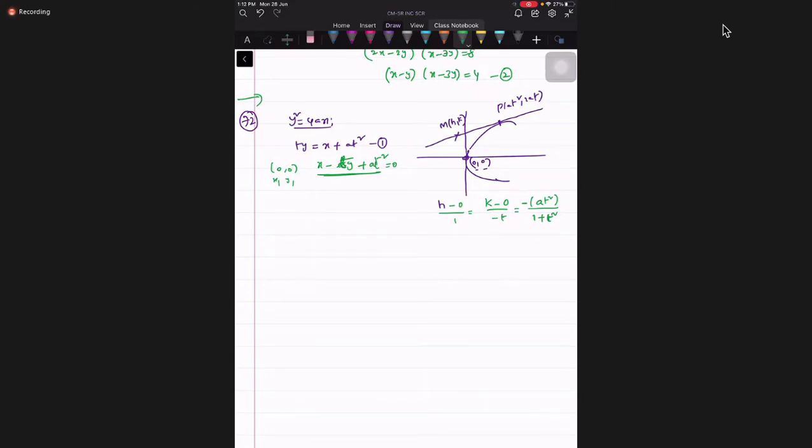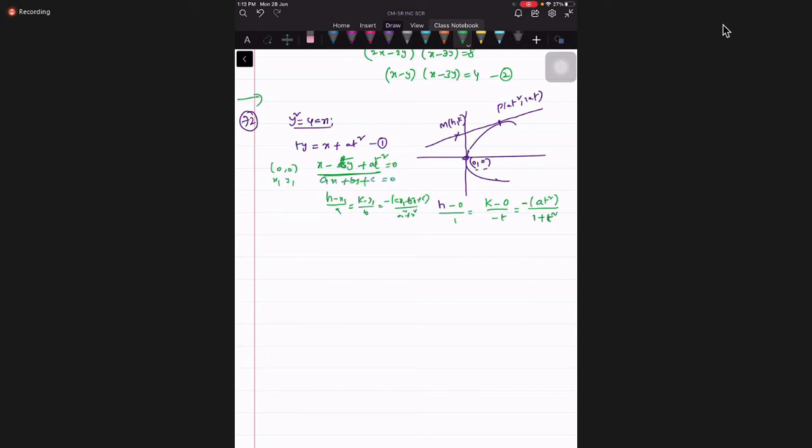Students, which formula am I applying? I am applying (h minus x1) by a equal to (k minus y1) by b equal to minus (a x1 plus b y1 plus c) by (a square plus b square). That formula I am applying here. I am comparing this one with ax plus by plus c equal to 0.